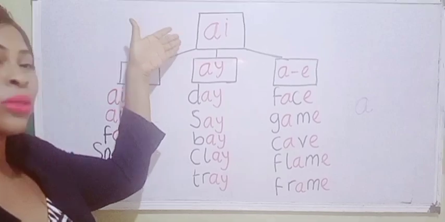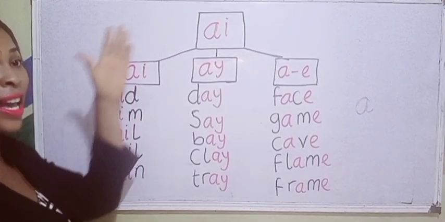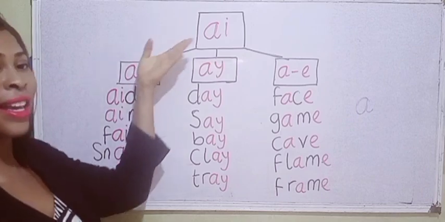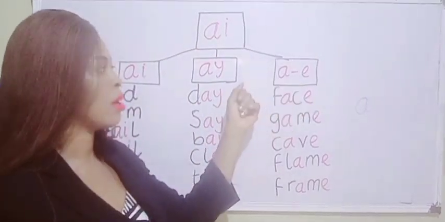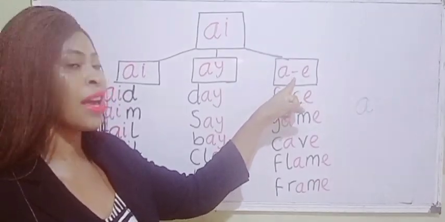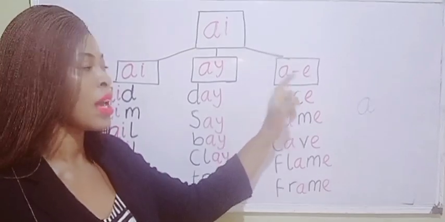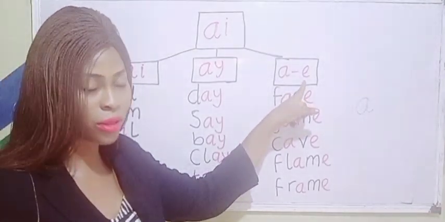We have AI, AY, and A dash E, as in "ay". This represents a consonant sound in between, and then there's the silent E at the end.